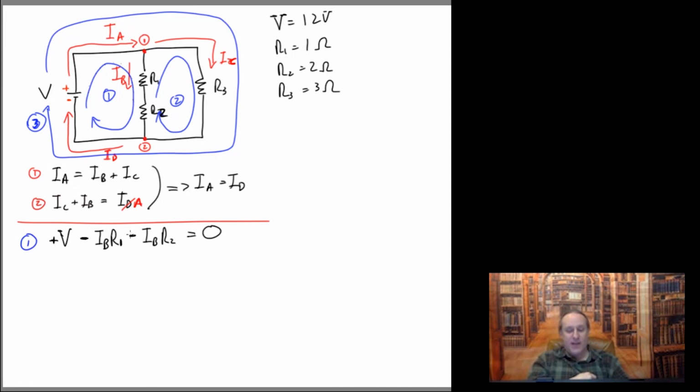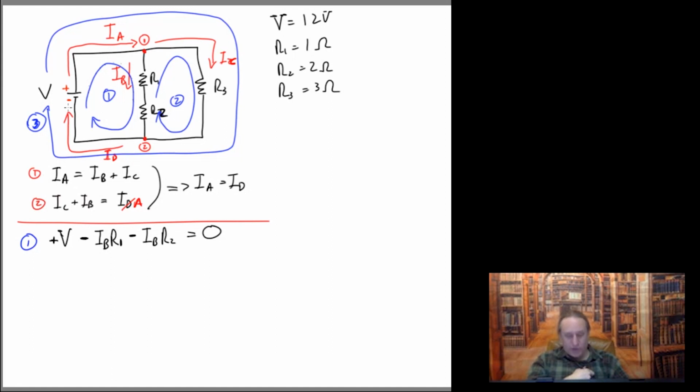Okay, so that's it. Right now, we only have two circuit elements to worry about, the battery and the resistor. So for the battery, we have to think, are we going from the negative to the positive, which would mean we're going uphill? Or are we going from the positive down to the negative, which means we're going downhill?